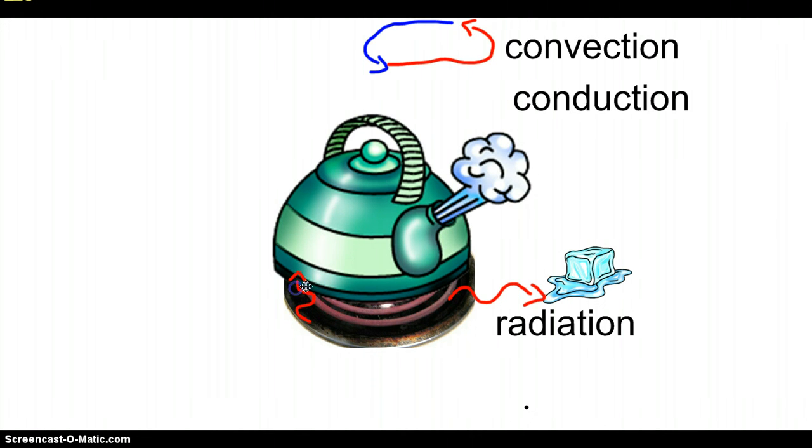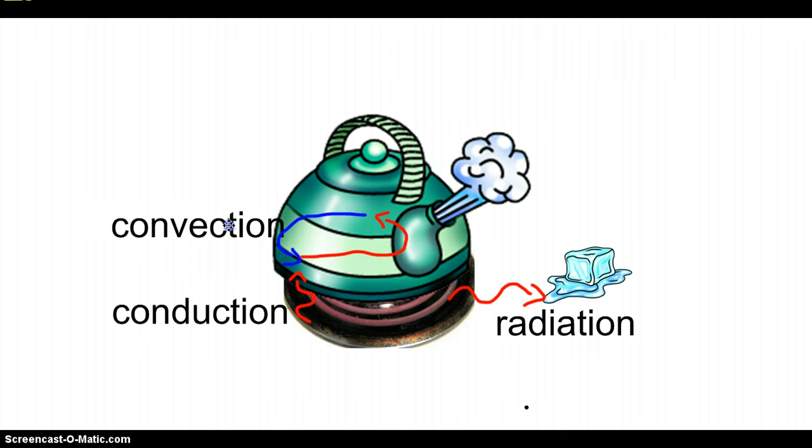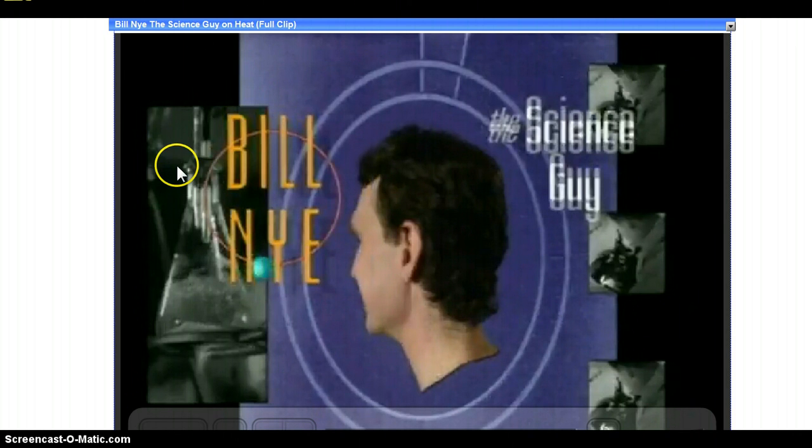Solid to solid, that is conduction. Convection is happening inside the kettle, because we have water inside the kettle. As the warm water warms up, it rises to the top of the liquid, and then it cools, and as it cools, it sinks back down to the bottom. So that would be convection. In this example, all 3 methods of heat transfer are happening. Okay, let's watch some Bill Nye to finish it out, and then we're done.